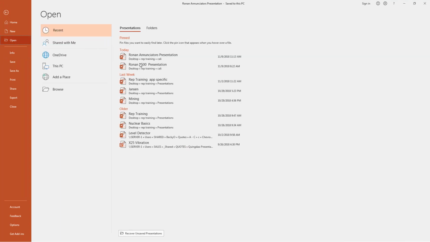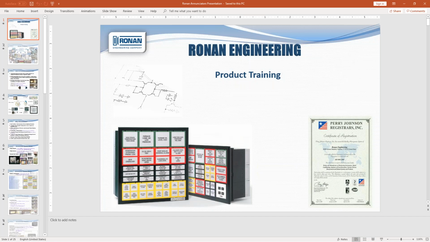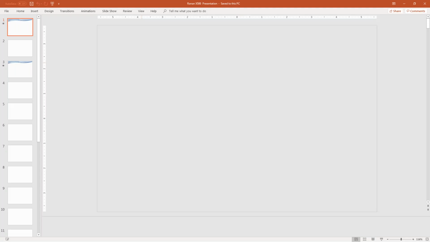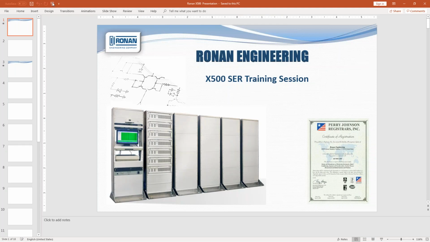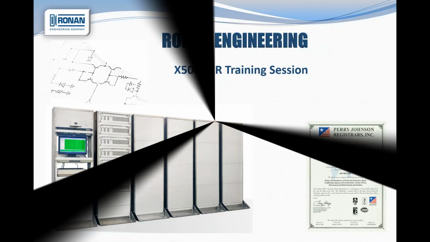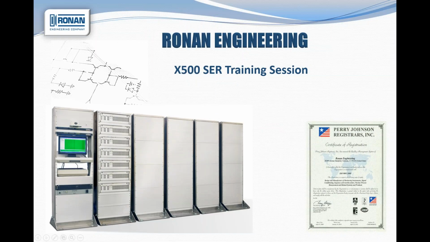Now we're going to talk just quickly about sequence of event recorders, or what the guys in Los Angeles like to call the SER. Primarily where these are being sold are nuclear power plants.